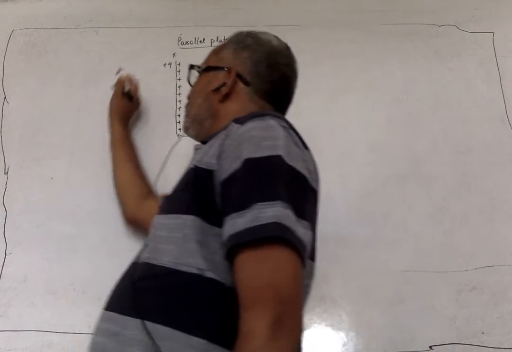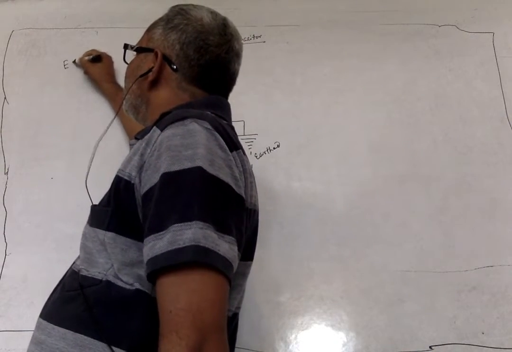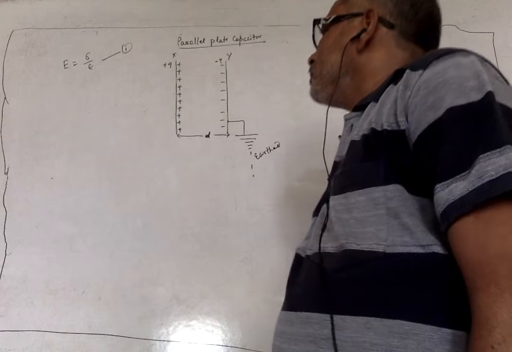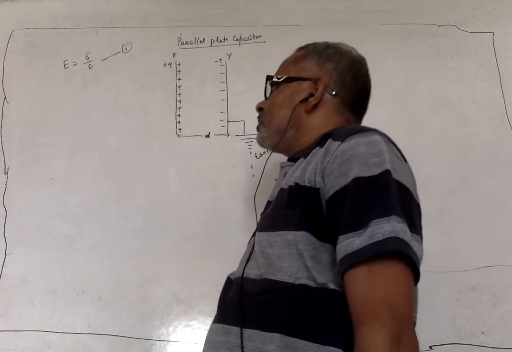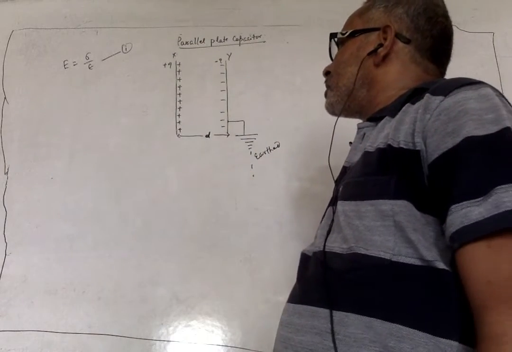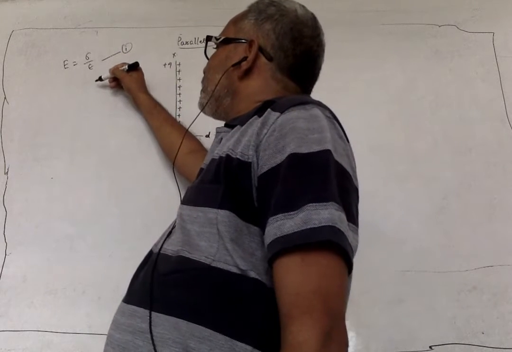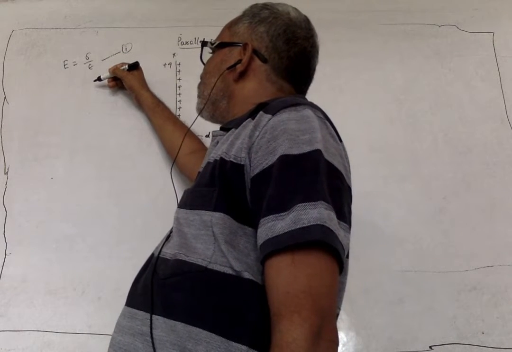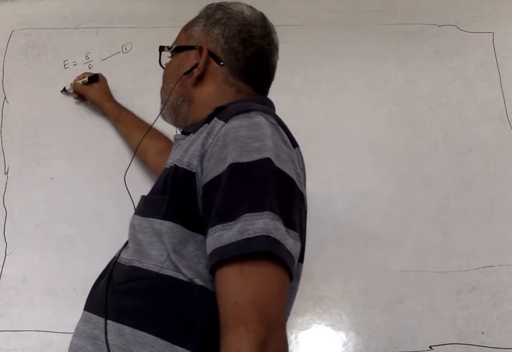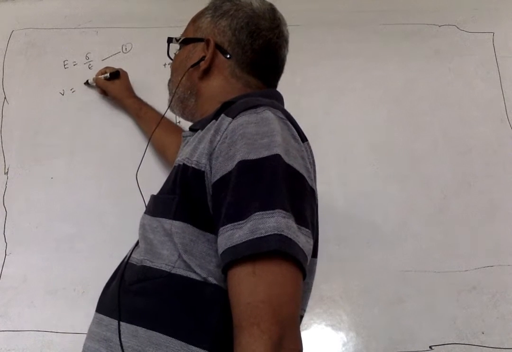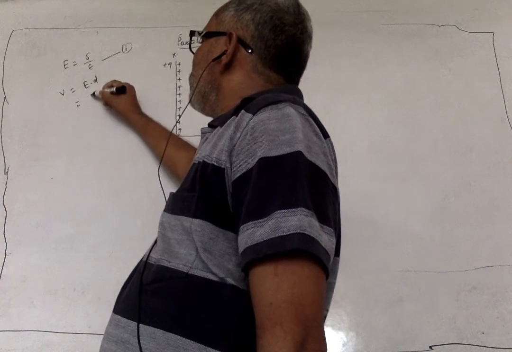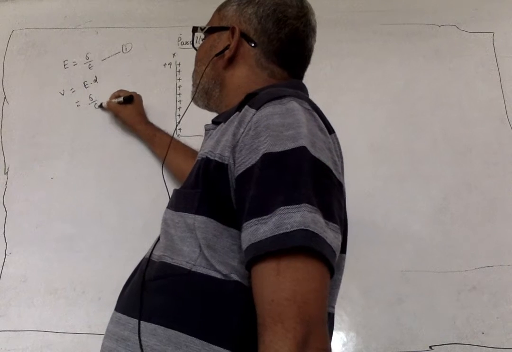Electric intensity at any point between the plates, E equals sigma by epsilon. Potential difference between the plates: since we have to obtain capacity, firstly we have to obtain the potential difference and thereby C equals Q by V. So the potential difference between the plates V equals E d. Putting the value of E, V equals sigma d by epsilon.